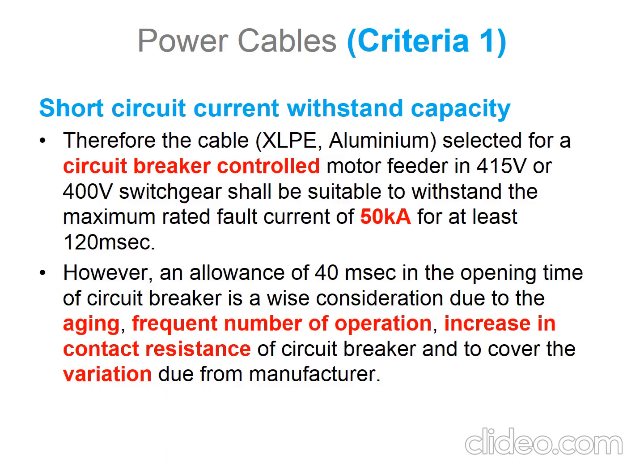Okay, so therefore the SLP aluminium cable selected for the circuit breaker controlled motor feeder in 415 or 400 switchgear shall be suitable to withstand the maximum rated fault current of 50 kA for at least 120 millisecond. However, an allowance of 40 millisecond has to be considered due to aging, frequent number of operations, increase in contact resistance, and also the variation due to manufacturer.